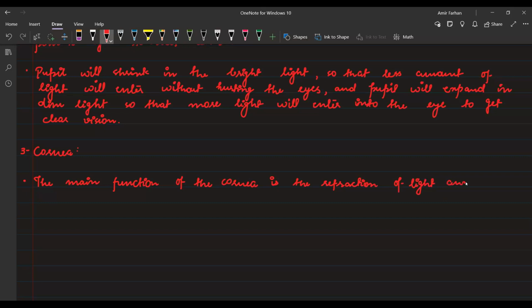So the light again refracts in the eye lens. Then after that, the amount of light that is entering into the eye after the refraction at cornea will also get refracted so that the image is formed at the retina.